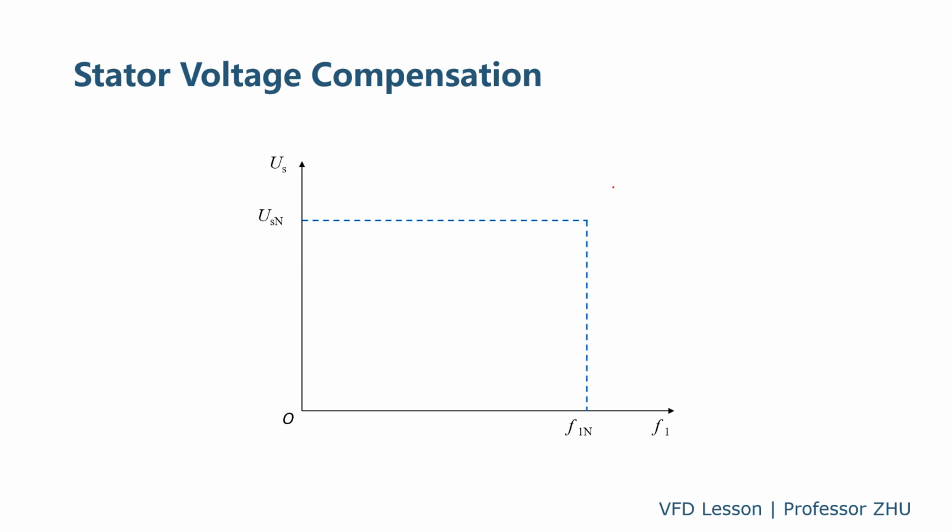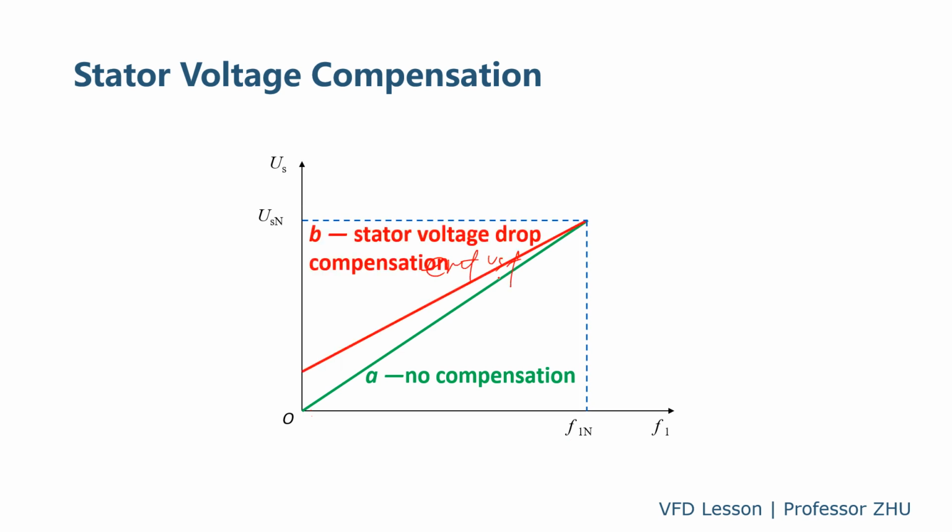As we said before, for the stator, this is the relationship between the frequency and the EMF. So in the low speed area, because of the stator voltage drop, in order to keep the motor flux constant, we need to compensate for the voltage drop on the stator.